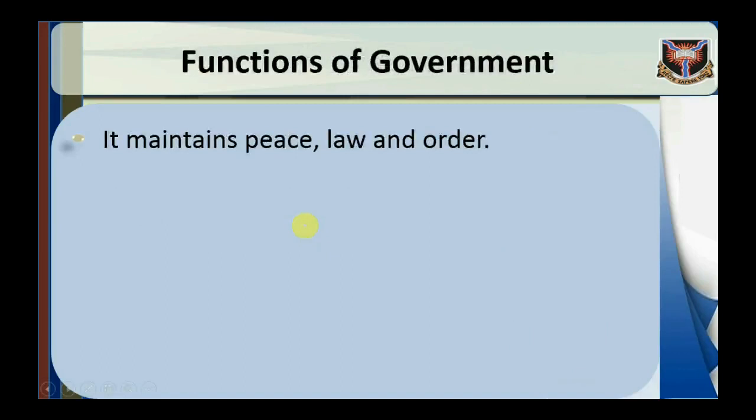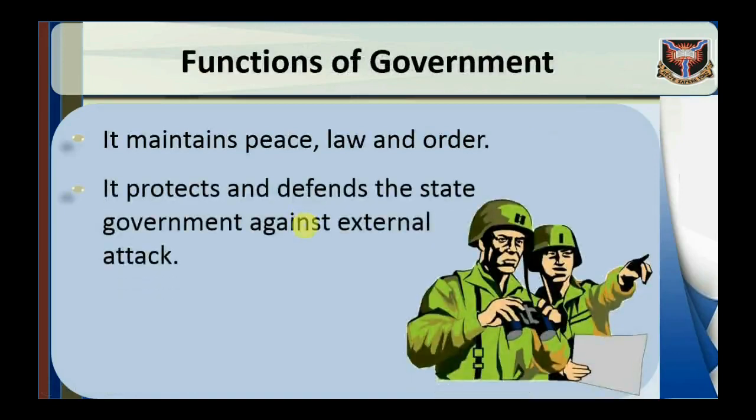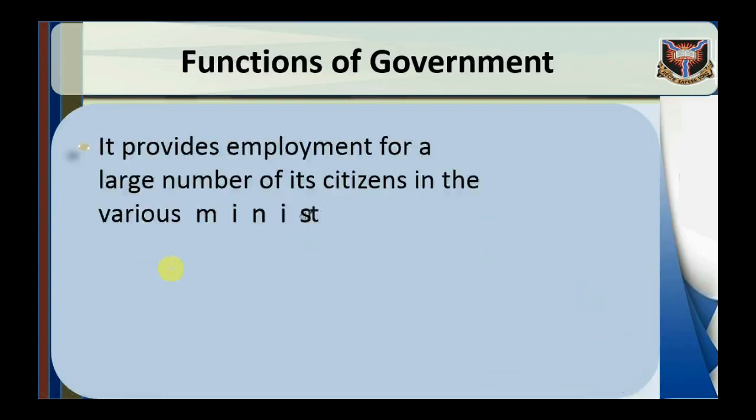It maintains peace, law and order, for example, police. 4. Government protects and defends the state against external attack by making use of the armed forces. 5. It provides employment for a large number of citizens in the various ministries and parastatals.